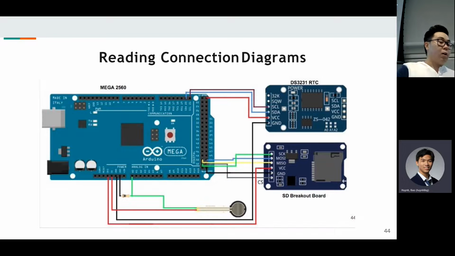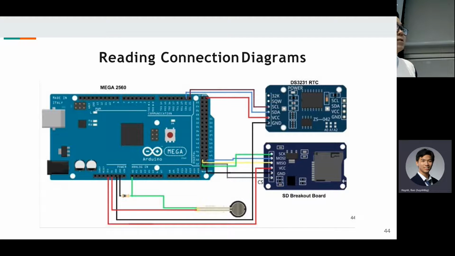The good thing about Arduino and the sensors that you do buy, most of the time they do come with connection diagrams. So this is an SD card connection diagram, and this is the one that's specifically made for the Mega. They will come with one for the Mega and one for the Arduino Uno, since those are the two most used ones. Even if you don't understand what it says when you're actually looking at the chip, for example the SD card, you see SCK, MOSI, MISO.